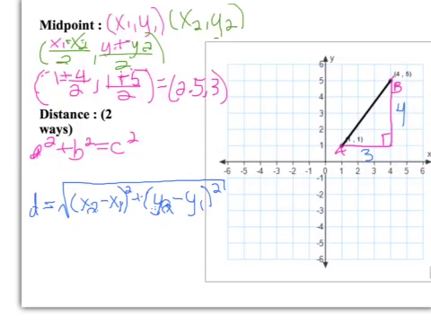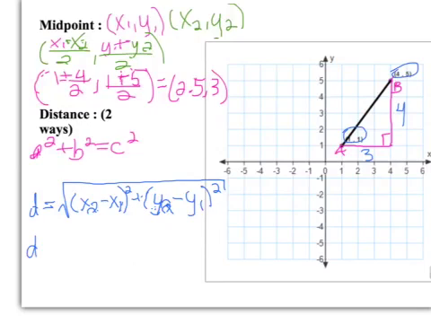The distance formula states that the square root of x2 minus x1 squared plus y2 minus y1 squared should get us the same answer that we got before, which was 5. So plugging in our numbers, again, let's make 1, 1 our x1, y1, and 4, 5 our x2, y2.